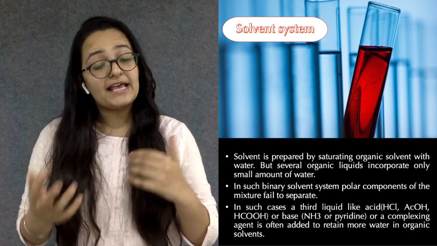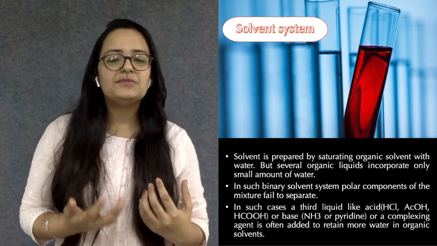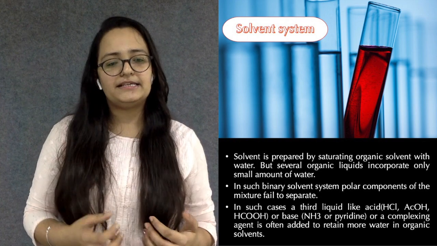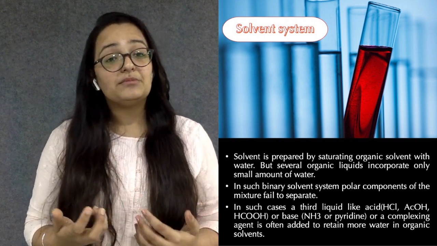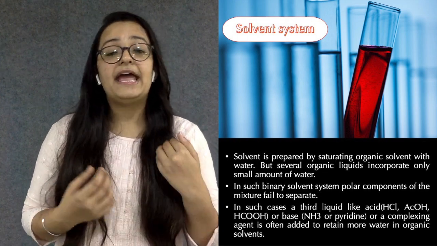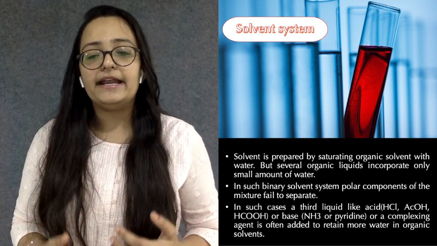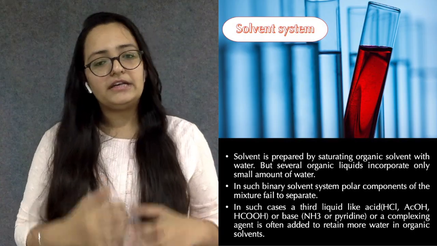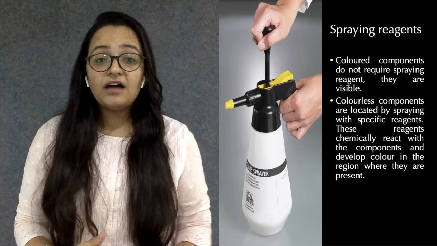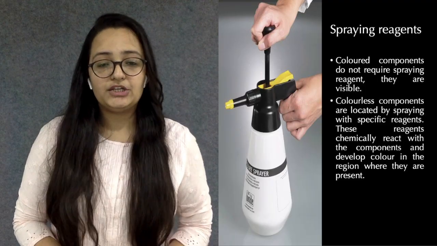It may be an acid or a base. Acid means hydrochloric acid, formic acid, and likewise. Base means ammonia or pyridine or any other complexing agent, added to retain more water in the organic solvent.